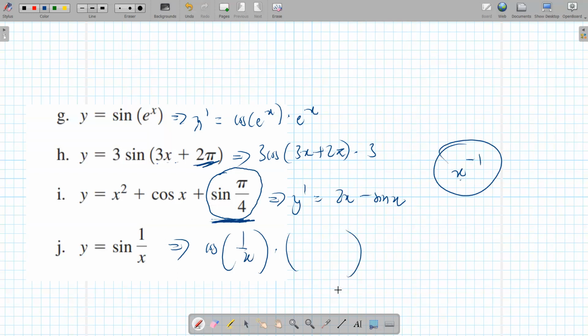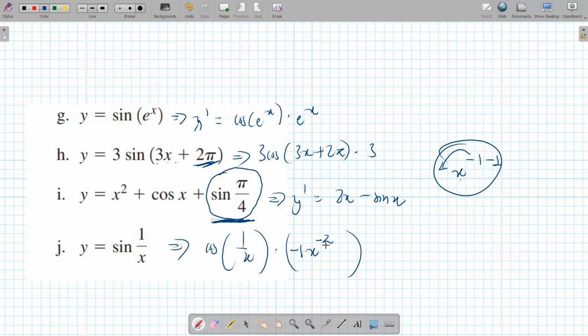It's just a power rule thing. -1 comes down here, -1 x, then you take 1 away from the power: x to the -2, like that. That'll be the derivative of 1 over x.